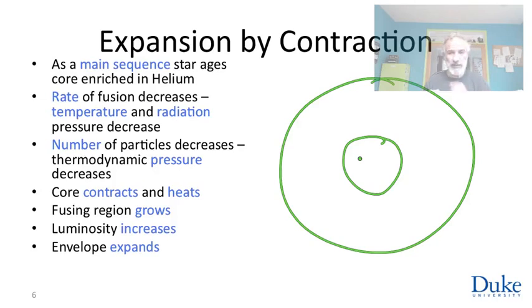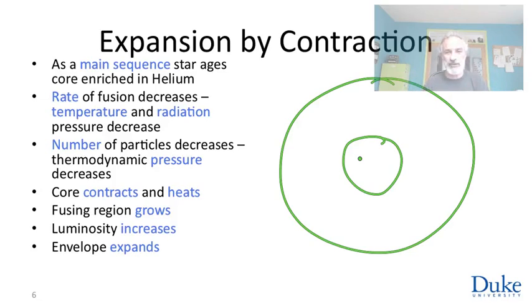And so the helium is inert, and there's less and less protons running into each other, so one would predict that the rate of fusion would decrease in the core. This would decrease the radiation pressure, because the pressure emanating from the core, a large part of it is radiation pressure, all this energy.